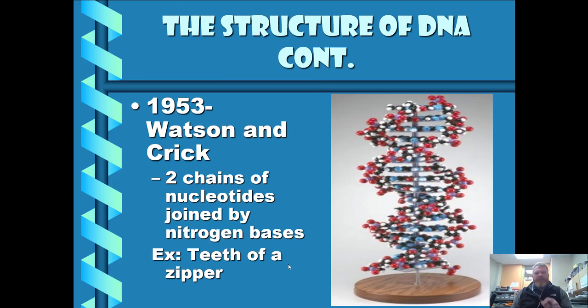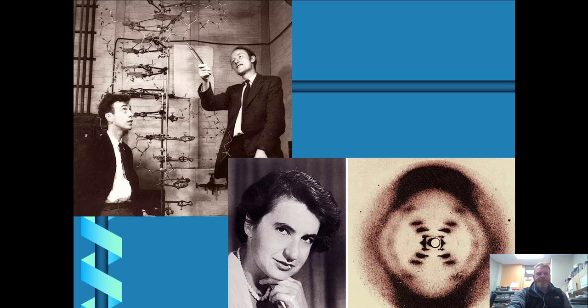So in 1953, Watson and Crick were given credit for the two-chained nucleotide joined by a nitrogen base. Okay, the best example is kind of like a twisted zipper. If you had a zipper and kind of twisted it, that would be a general structure of DNA.